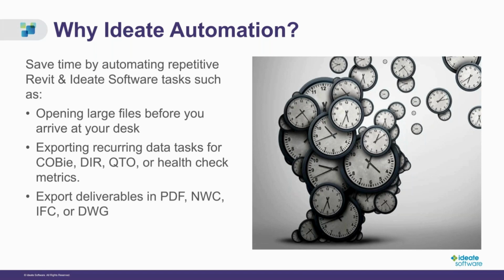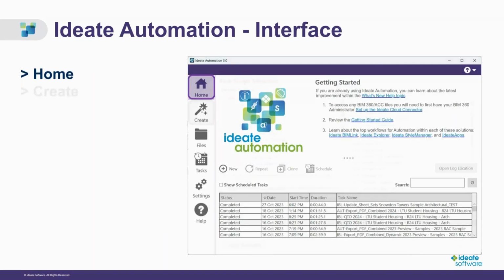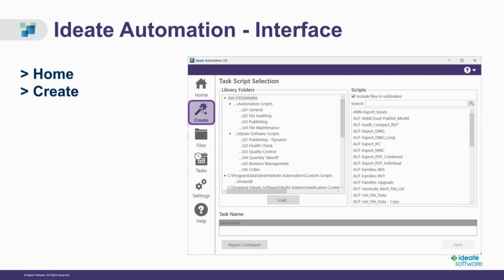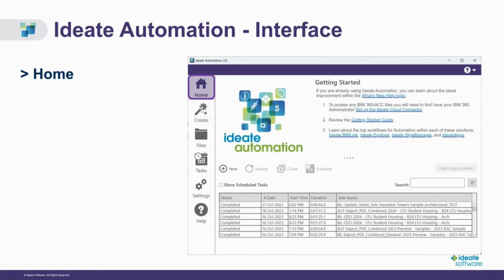So the overview of the interface on our home page, essentially where you're going to see all of the tasks that have run. And then there's some really important links up in here. We'll be looking at the Getting Started guide.